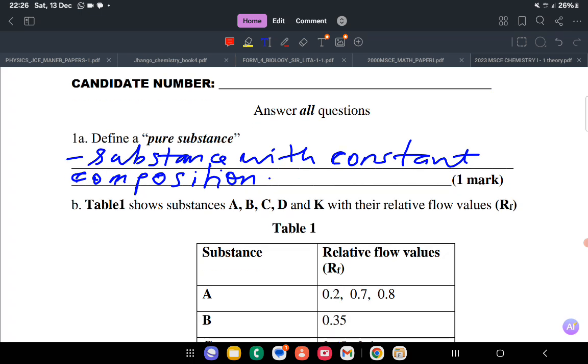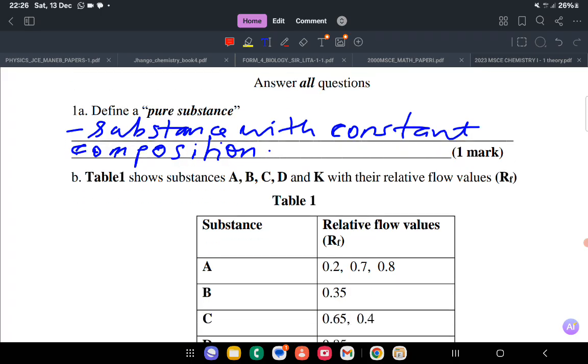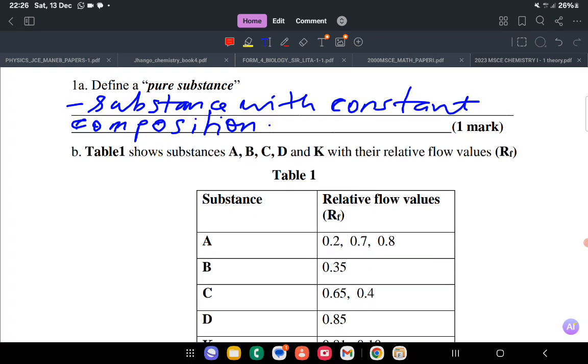All right, that's great. Question B. Table 1 shows substances A, B, C, D, and K with their relative flow values.